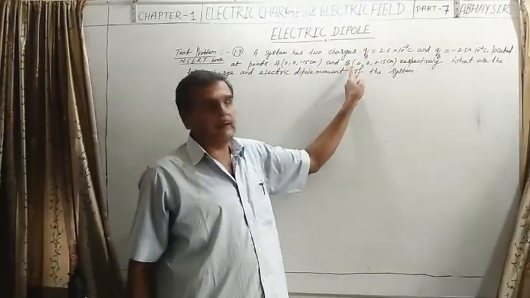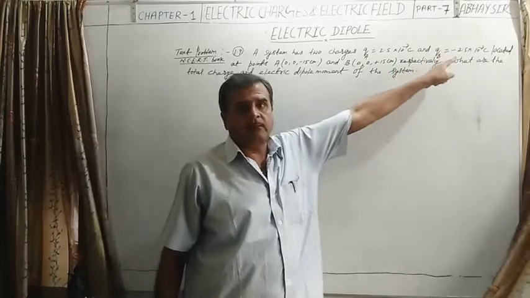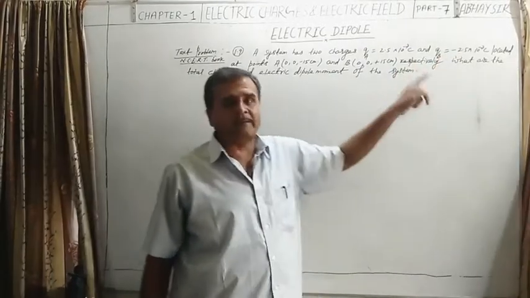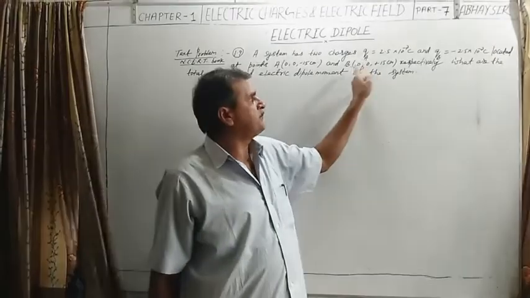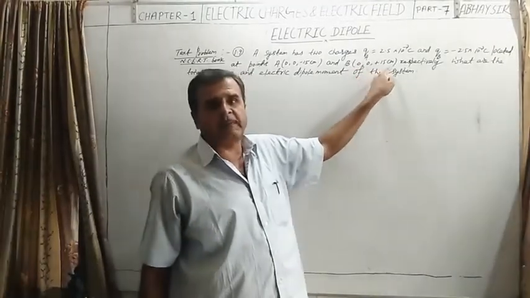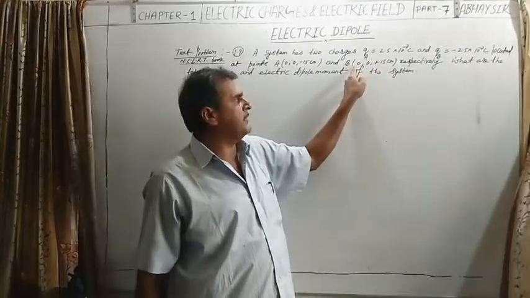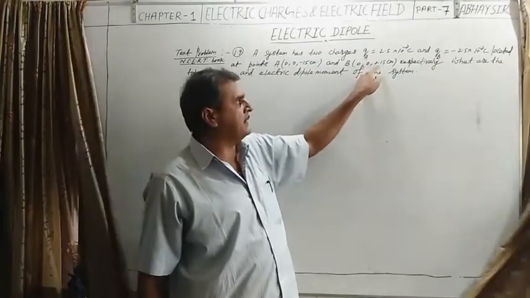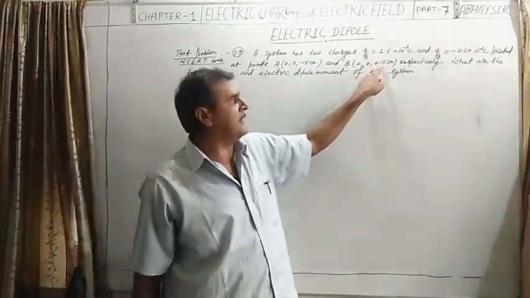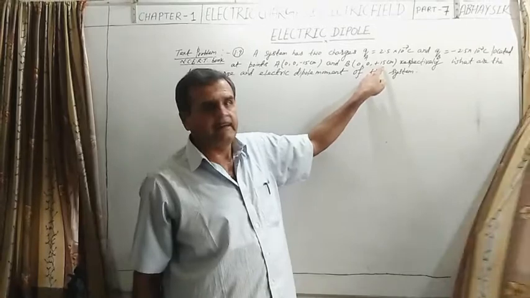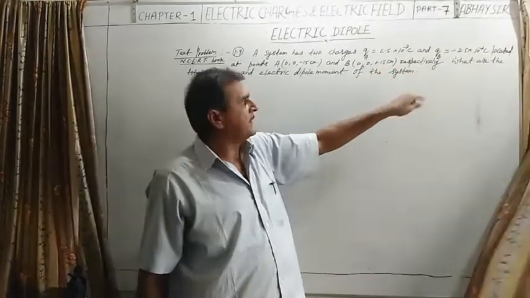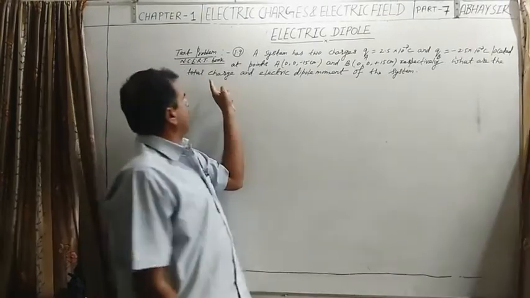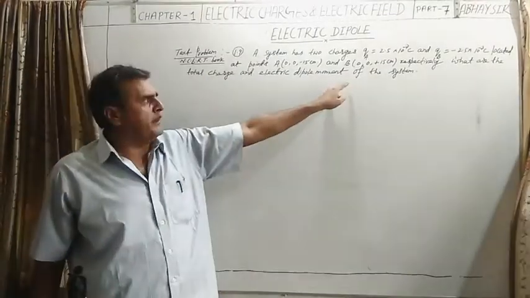And the other charge QB, which is -2.5 into 10 to the power -7 coulomb, is located at point B (0, 0, +15 cm), that is along the plus z axis. What are the total charge and electric dipole moment of the system?